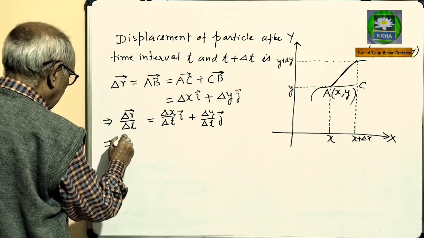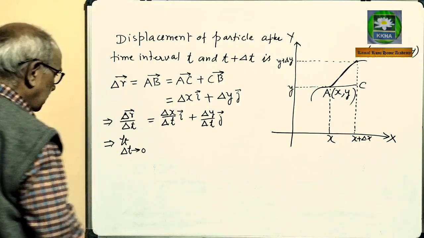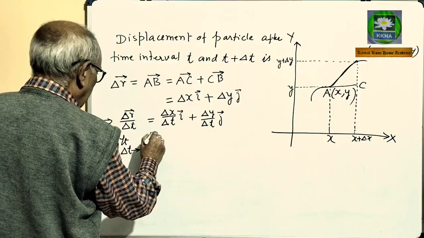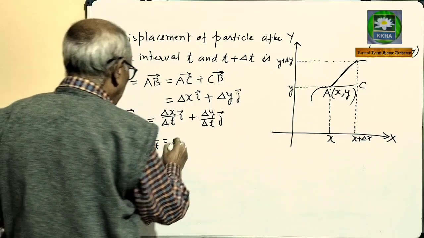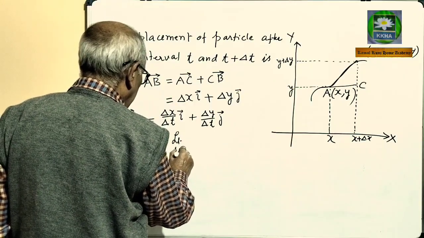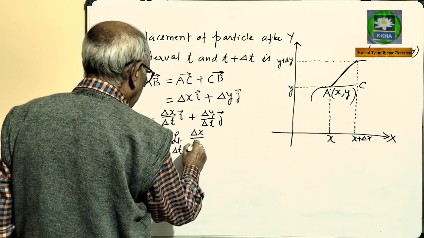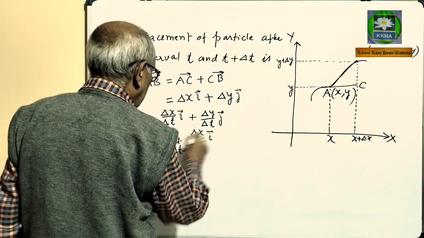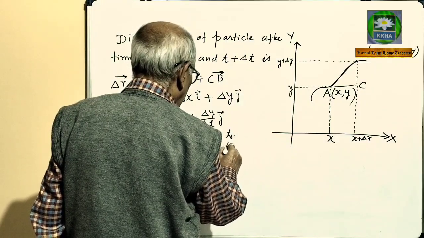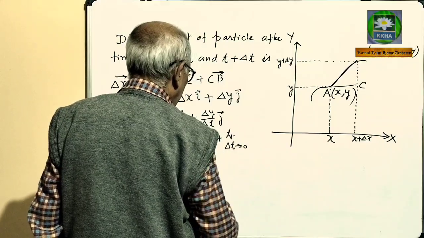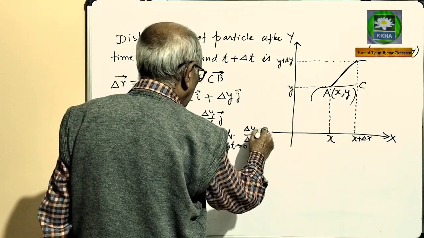This implies that limit delta t tending to 0, delta r by delta t is equal to limit delta t tending to 0 delta x upon delta t unit vector i plus limit delta t tending to 0 delta y upon delta t unit vector j.